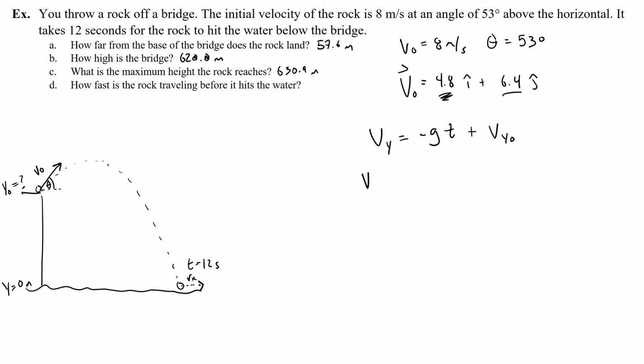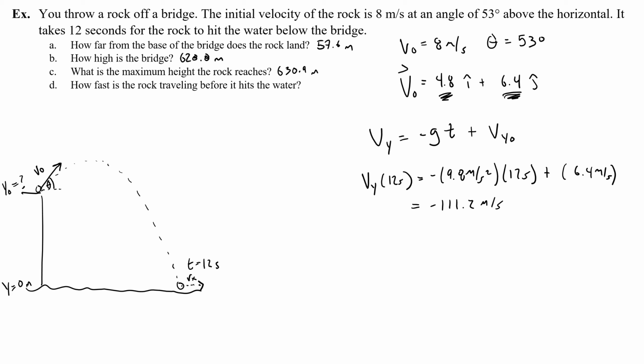So vy at 12 seconds is equal to negative 9.8 meters a second squared times 12 seconds plus 6.4 meters a second. Okay, so negative 9.8 times 12 is negative 117.6 plus 6.4, negative 111.2 meters per second. This is a very tall bridge.